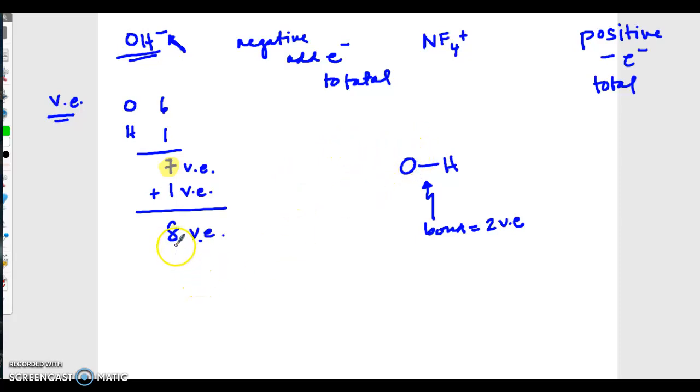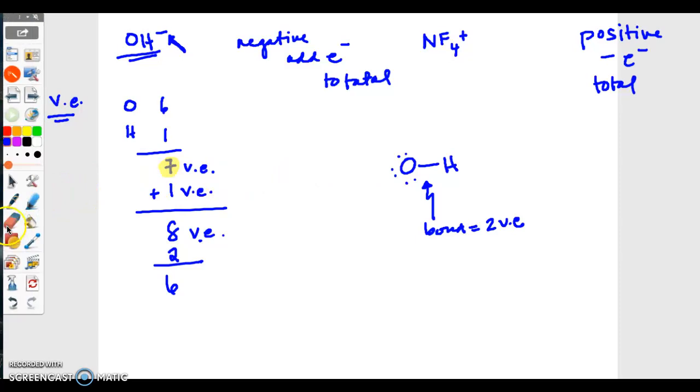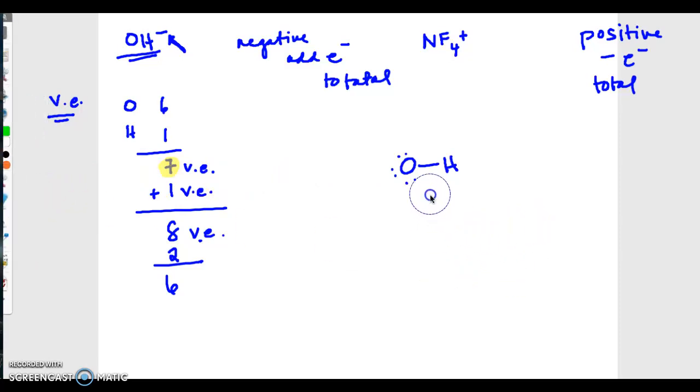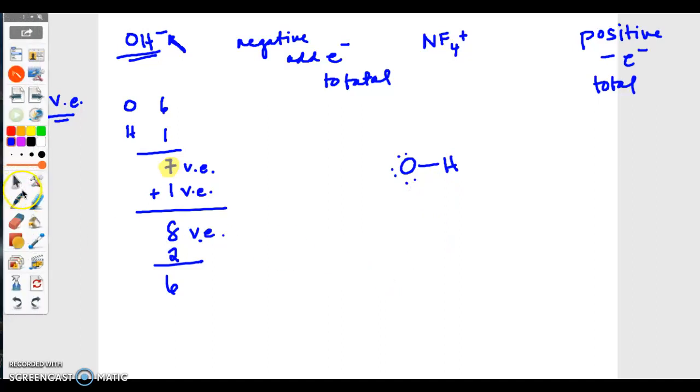Now, I've placed 2 in a bond, which means I have 6 left over. I think you're going to be able to figure out where they go. They go on the oxygen to give oxygen an octet. Okay, so now the hydrogen has 2, the oxygen has 8. Both of them have accommodated all the electrons that they can accommodate, no more, no less.